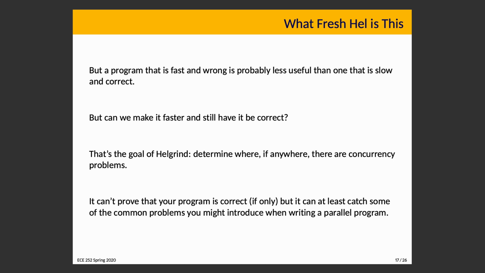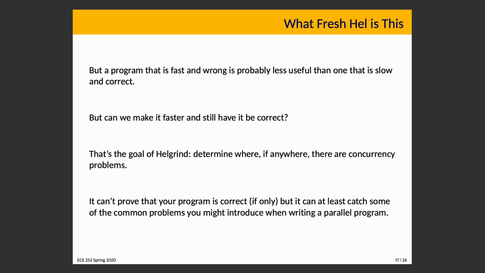So what we really want is to make the program both faster and keep it correct. That's the goal of Helgrind, is that after you've parallelized your code, determine where, if anywhere, there are concurrency problems. There's no way it can prove that your program is correct. That's incredibly difficult. It's a research problem on static analysis about, can you analyze a program to identify problems at compile time?